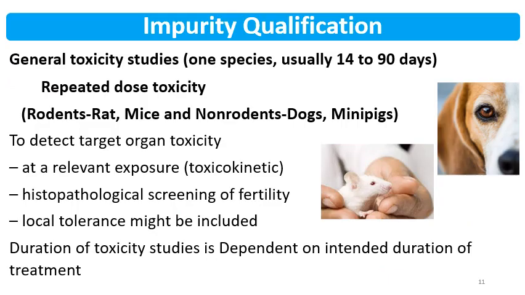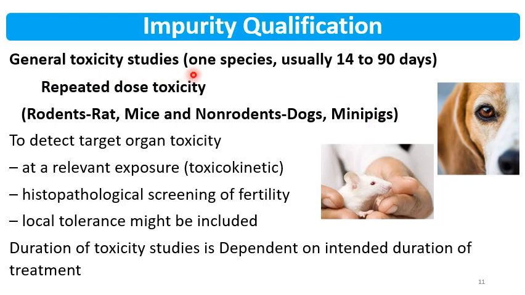If the approaches described in previous slides, like the QSAR approach, the database approach and TTC level, are not working, then comes the actual study of the impurities in rodents and non-rodents. Here the actual animal testing is done.